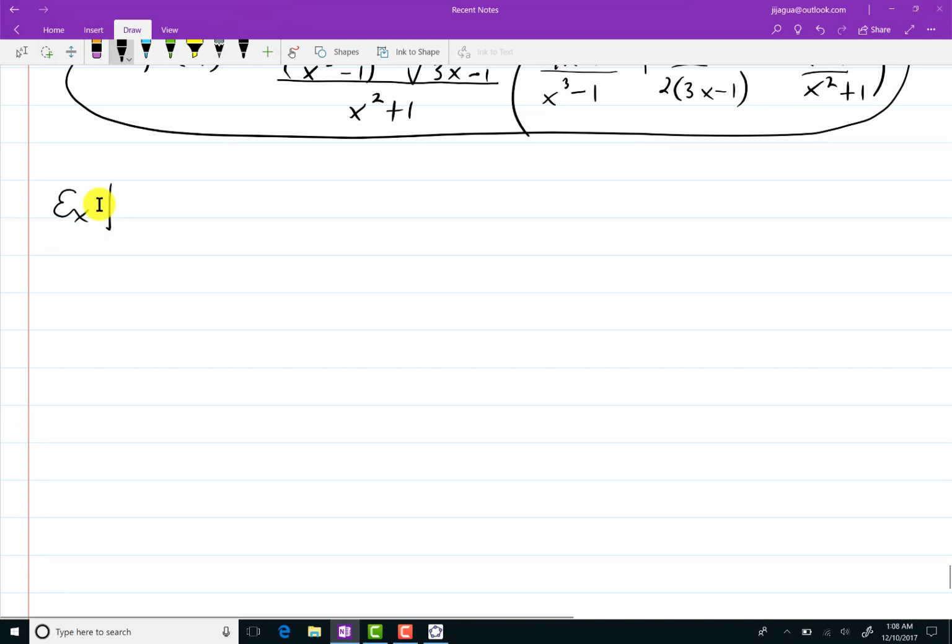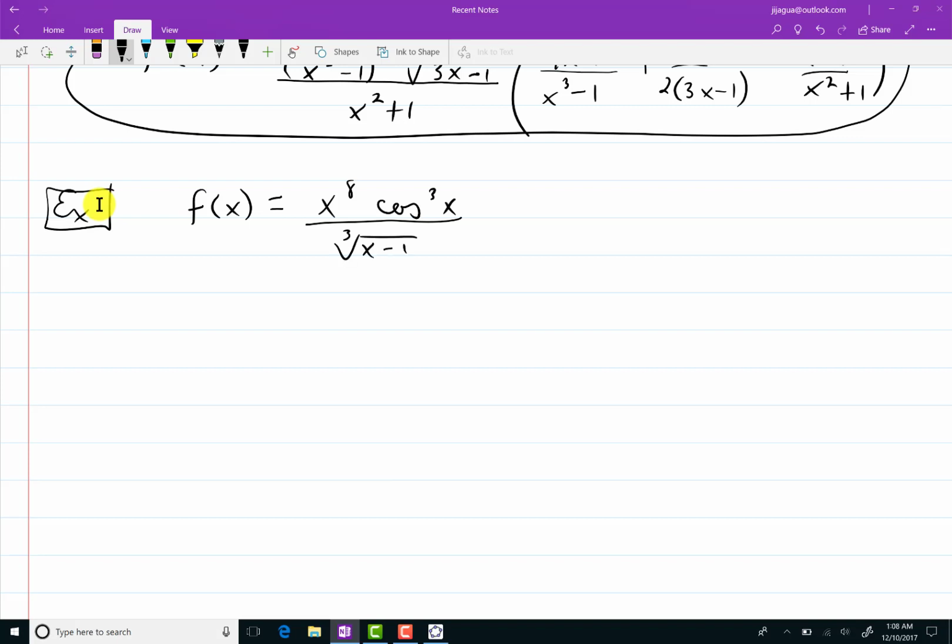I have f of x equals x to the 8th cosine cubed x all over, let's say, the cubed root of x minus 1.